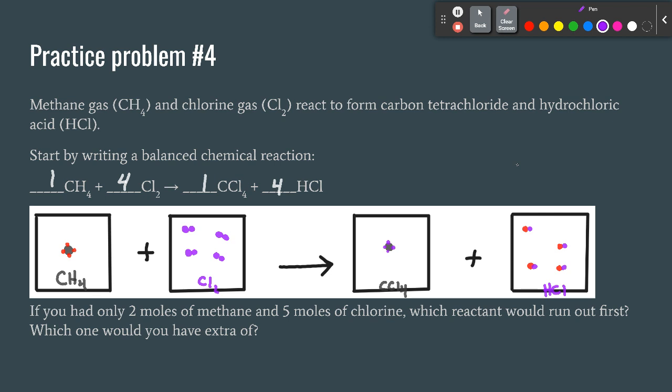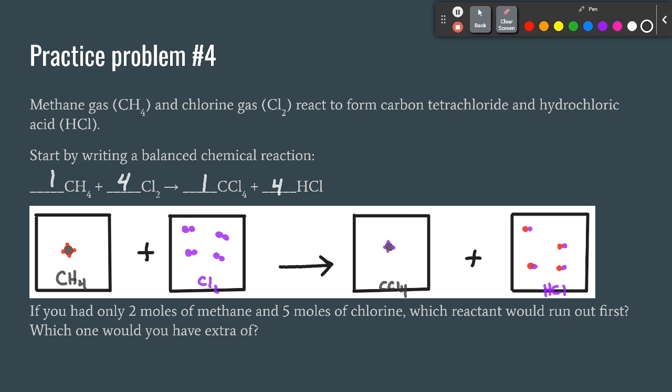So the question is, if you have only 2 moles of methane and 5 moles of chlorine, which reactant would run out first? Which one would you have extra of? So let's draw this out. Let's say I have 2 moles of methane, so I'm going to draw 2 methane particles.